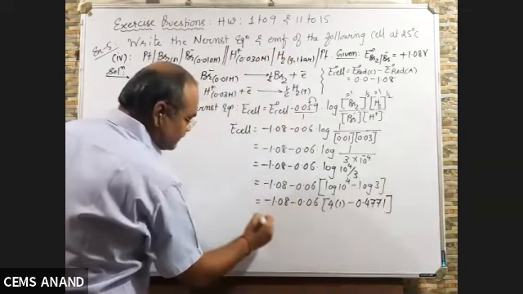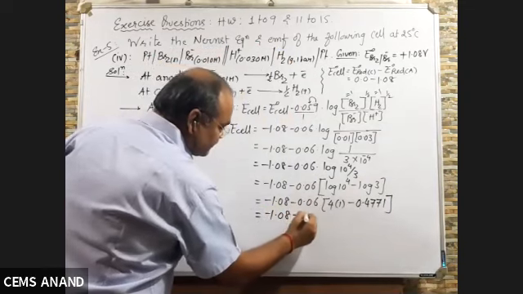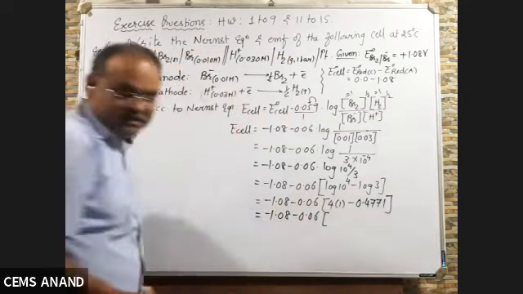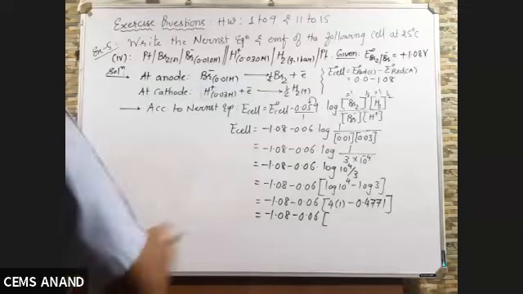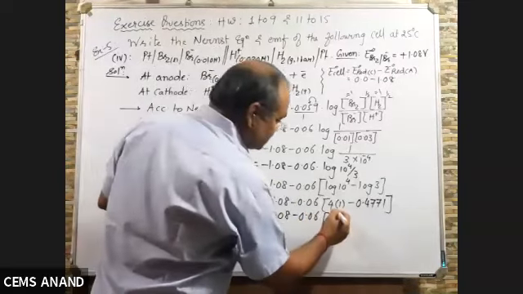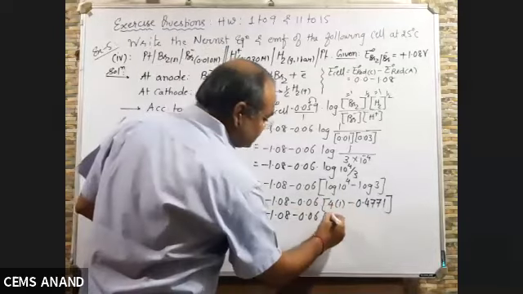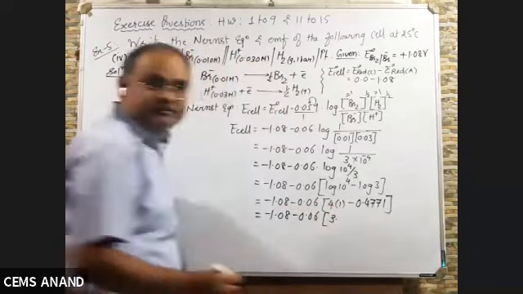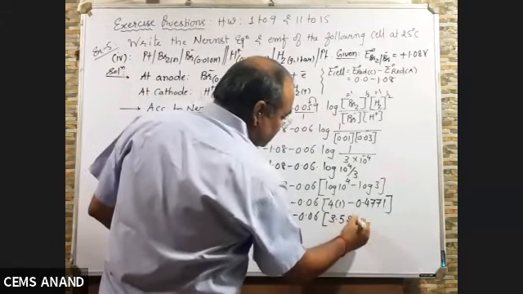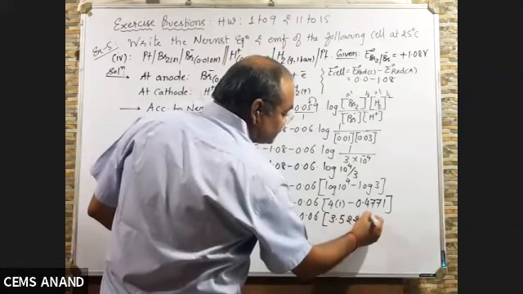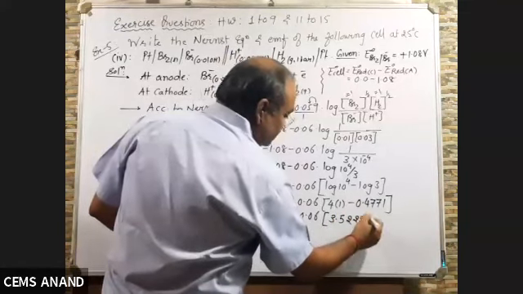You can check it. Let me see in the textbook. Okay, it is 0.4771 only. So this will be how much? 4 minus 0.4771. It will be 3.5228.